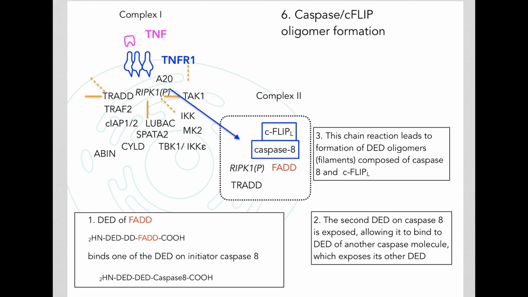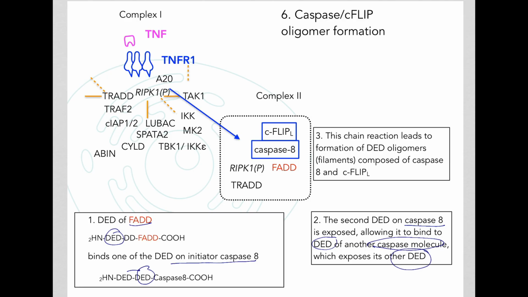As a side note, overexpression as well as decreased expression of this protein FADD has been observed in several types of cancer. Now, caspase 8 has two DD domains. So the DD of FADD binds one of the DDs on the procaspase 8, and that will expose the second DD on procaspase 8. And this second DD of procaspase 8 will allow it to bind to another caspase molecule, which will then expose the other DD of the new caspase molecule.